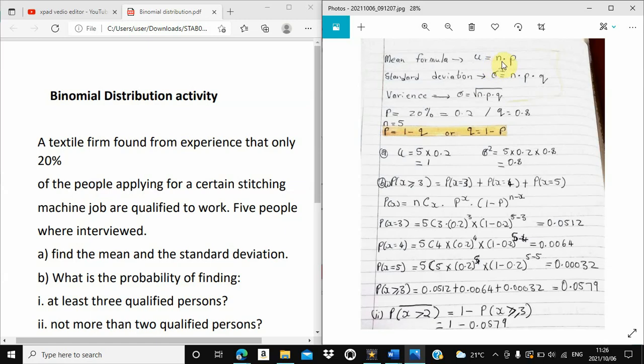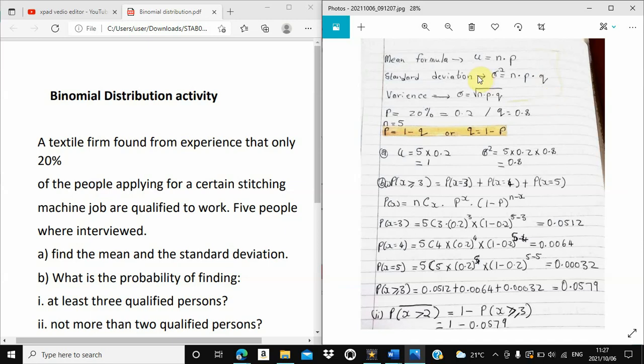N in binomial distribution denotes the sample space. P denotes the probability of success. Q is the probability of failure in binomial distribution.